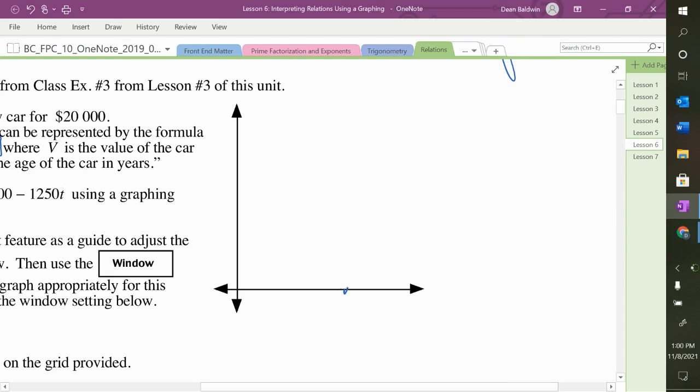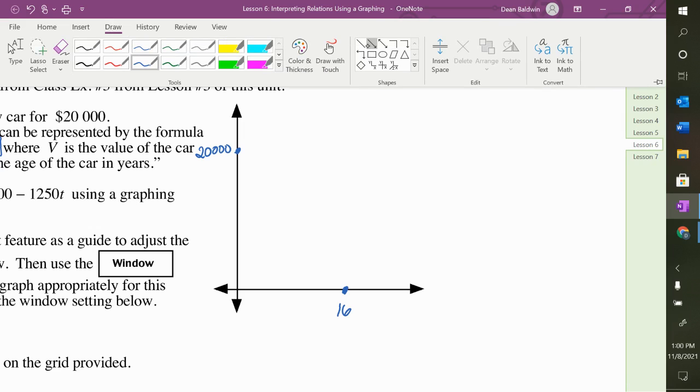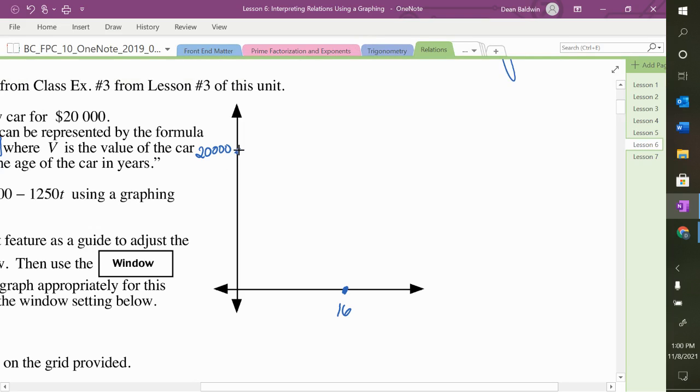So if I mark 16 and 20,000, let's see if I can draw a line here. There we go. So we get a straight line like that. Correct?